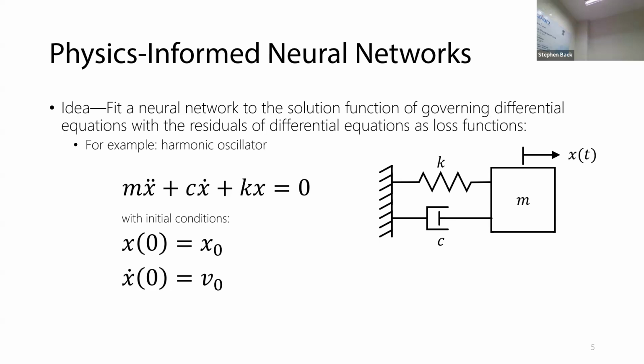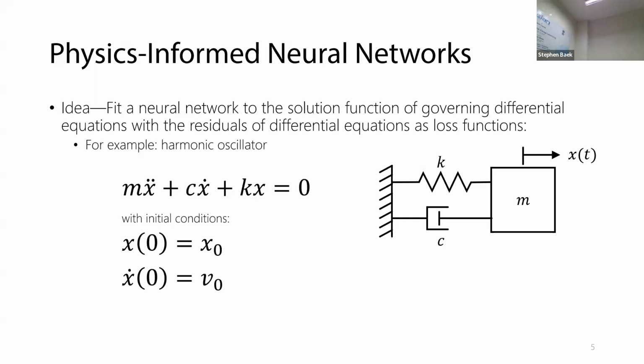So instead of looking at the high level conceptual stuff, let's take a simple, more specific example, which is the harmonic oscillator. This is not necessarily a PDE. It's an ordinary differential equation, and this is something that you should have seen already at the undergraduate level.